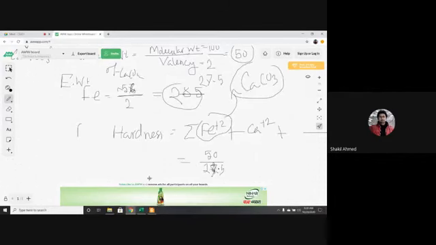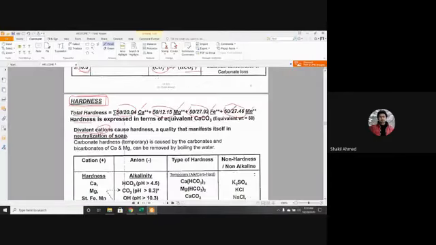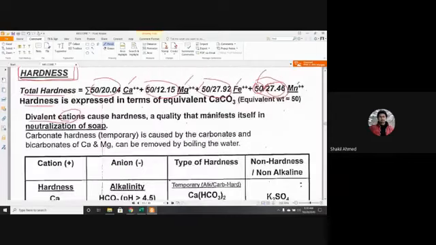Is it clear? Equivalent weight of calcium carbonate, equivalent weight of iron. Is it clear? 50 is the calcium carbonate and this is the iron. Is it clear, guys? Yes, sir. And again for magnesium, the equivalent weight is 24 divided by 2, 12.